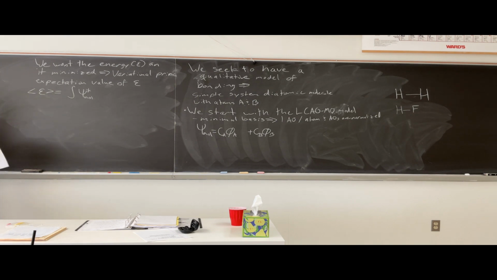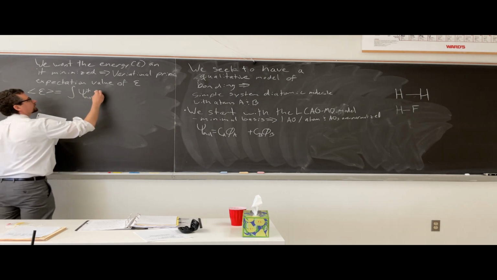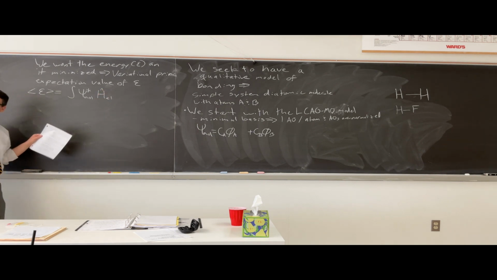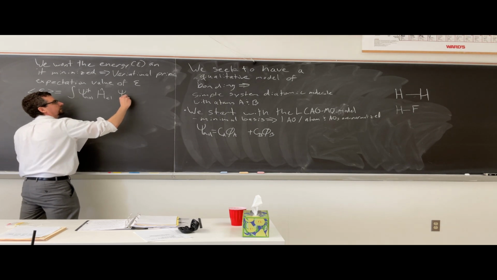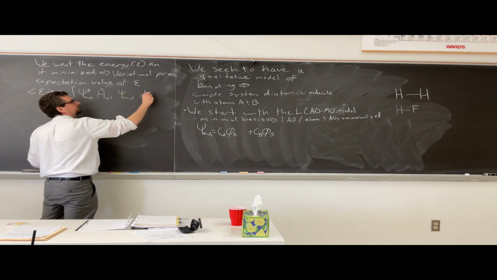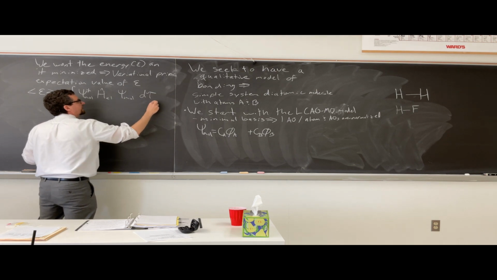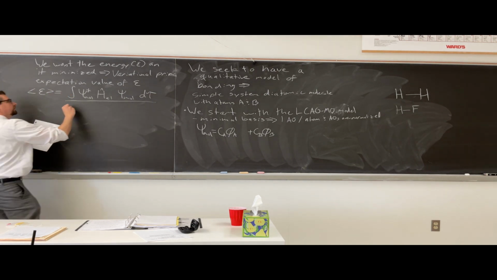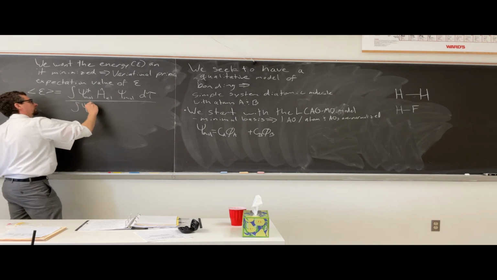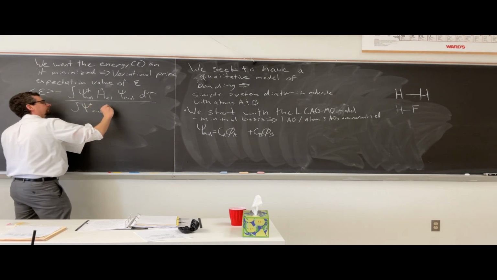Yep, so how do we get an energy? Yep, Hamiltonian, and we only care about the electronic Hamiltonian. And then what do we need on the other side? Yep, psi mole, d what? Yep. However, we don't know if this has been normalized or not. To normalize it, we need to do this.